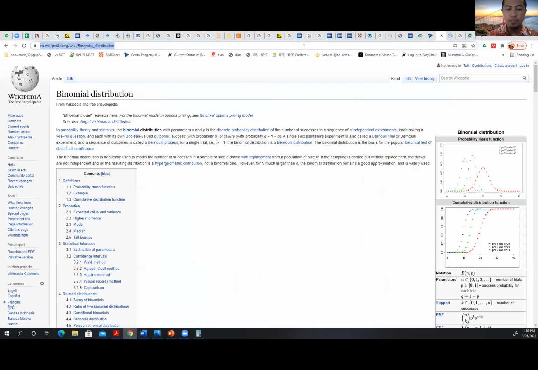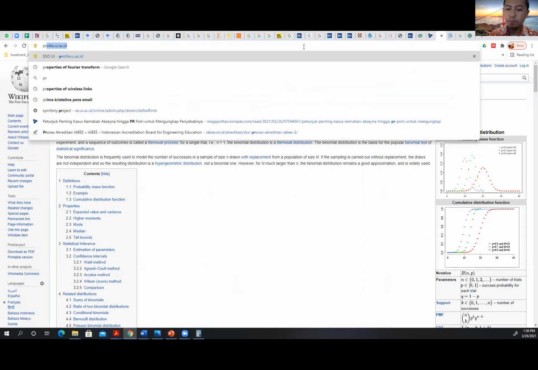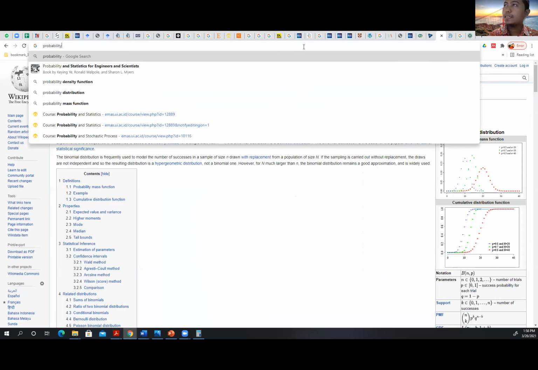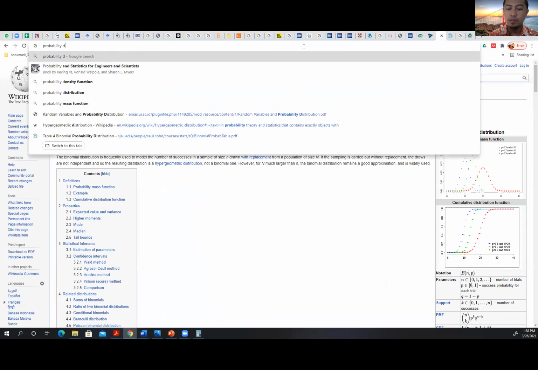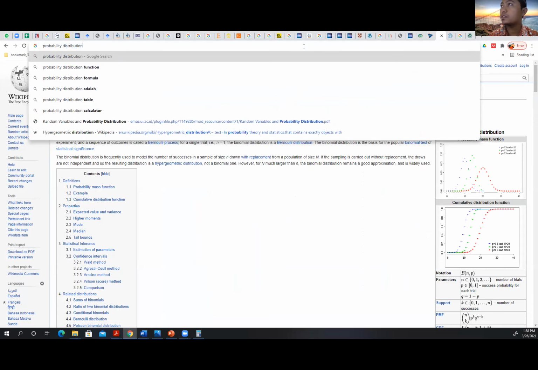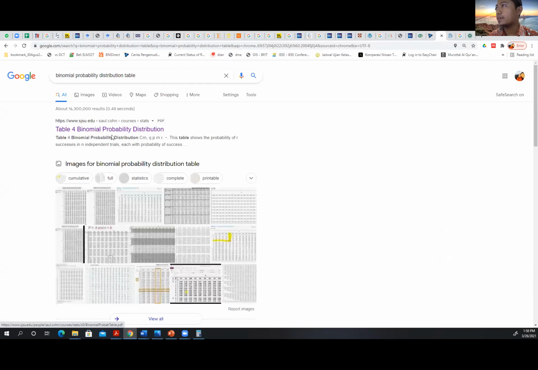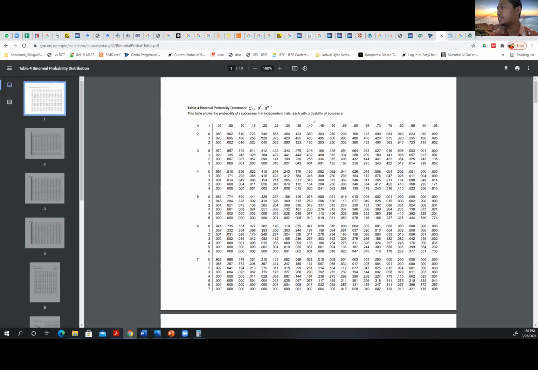First, you should write probability distributions, but I forgot to say binomial probability distribution table. Okay. And you can click this one, and this is the table.